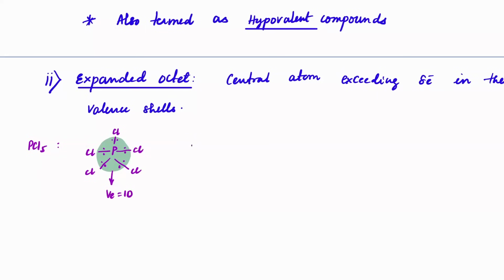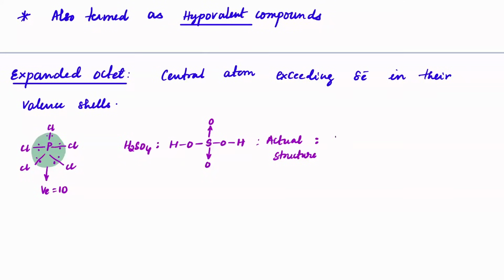Similarly, if it comes to H2SO4, as per the Lewis dot structure we learned, it has HO, sulfur with a dative bond, and an oxygen here, OH and H. This is what we learned. But in reality, in the actual structure, these dative bonds which you have noticed here are actually converted into a complete double bond form.